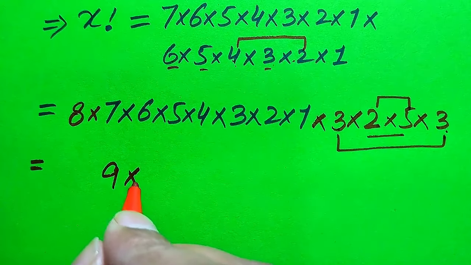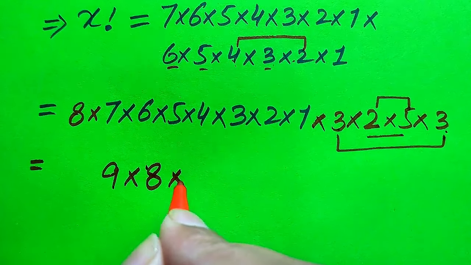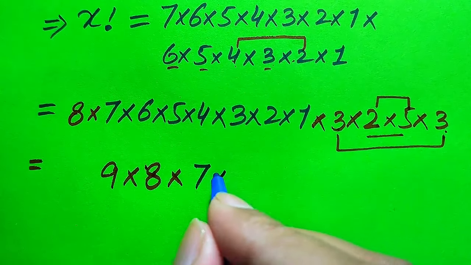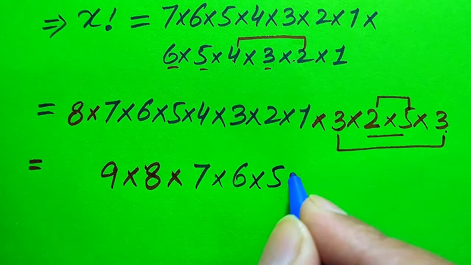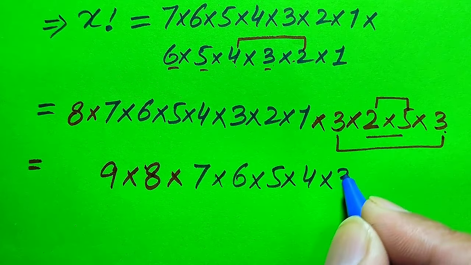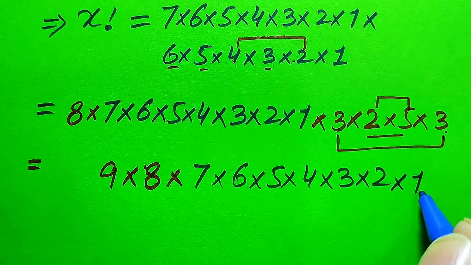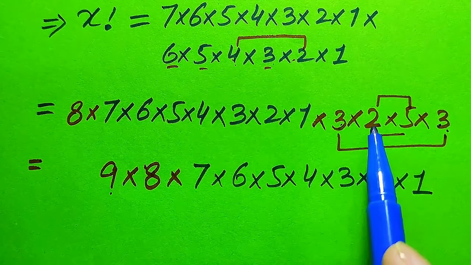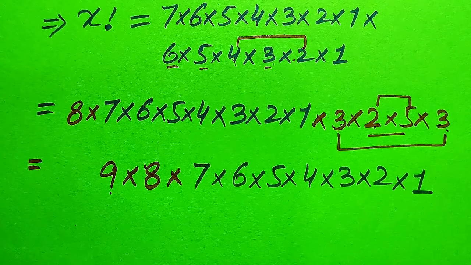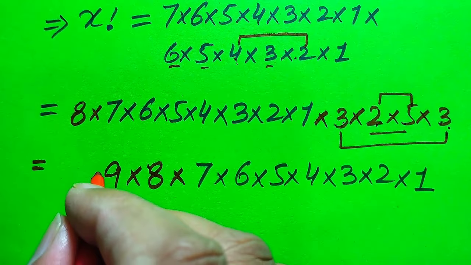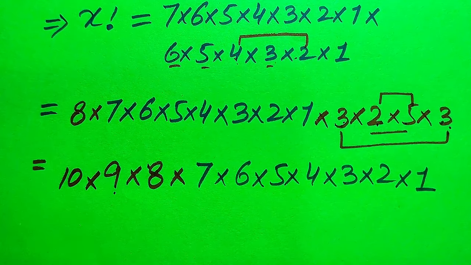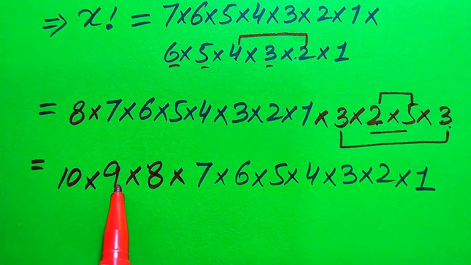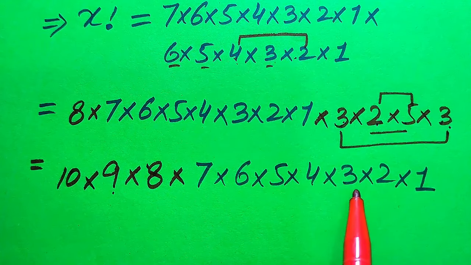It will become 9 multiplied by 8 multiplied by the remaining values as they are, 7, 6, 5, 4, 3, 2 and 1. So 3 times 3 becomes 9, and now 2 times 5 becomes 10, which we write at the top of the terms. Now you see this is 10 times 9, 8, 7, 6, 5, 4, 3, 2, 1.